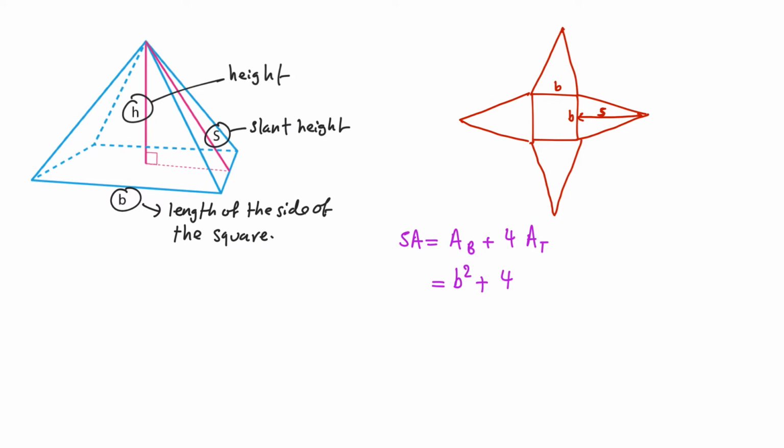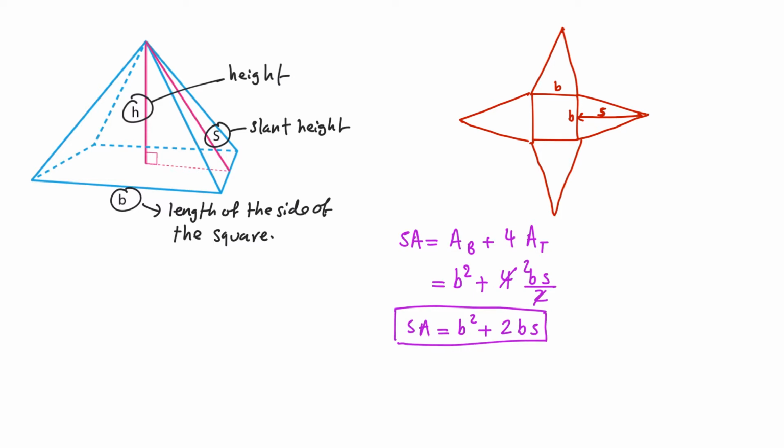So it becomes 4 times b times slant height divided by 2. To simplify this, we can also write it as b squared, and here I have 4 divided by 2, which makes 2. So plus 2b times s. So my surface area would equal b squared plus 2 times b times s.